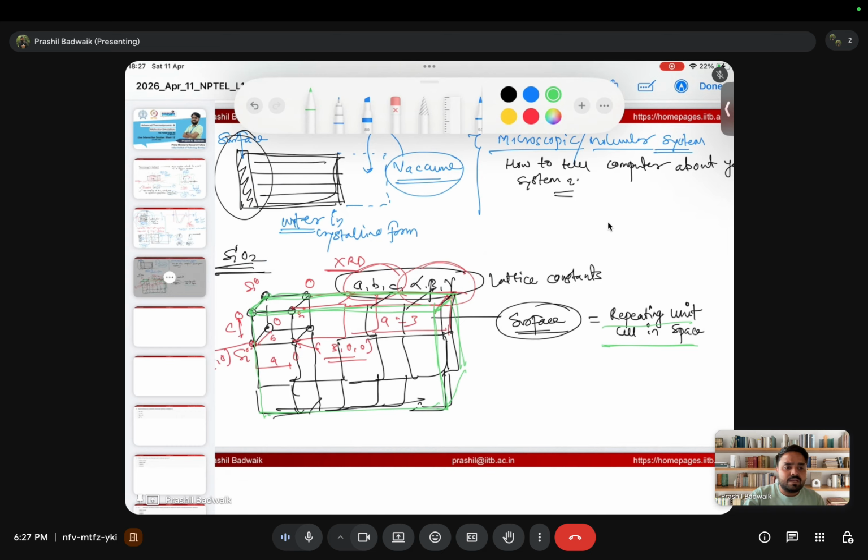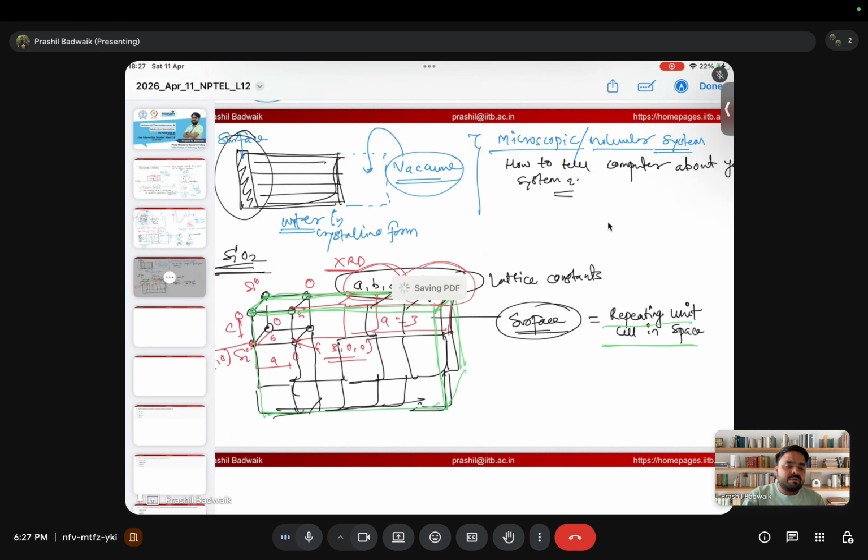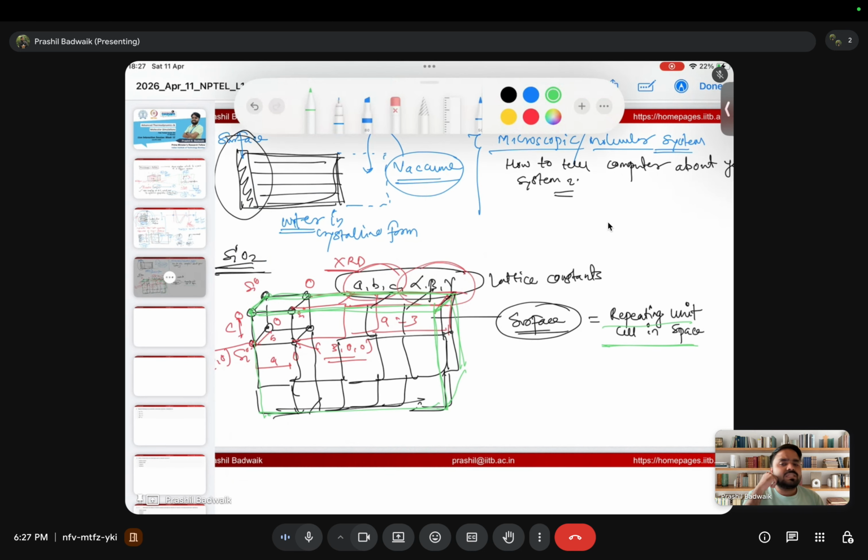The unit cell, we know the crystal, we know the lattice parameters, and using these lattice parameters and the coordinates of the unit cell, we have created one surface. The next step is to create water, right?